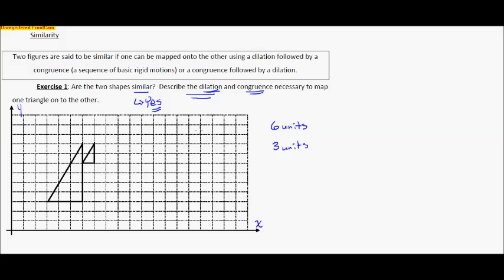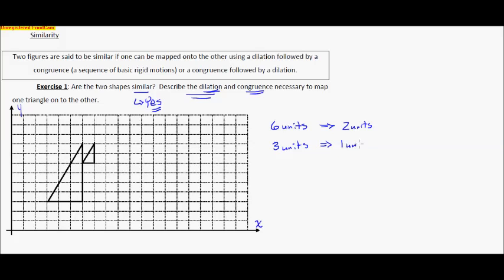This is just setting things up to see if I can actually do a dilation and change it to be this size. Well, if I count here, this is 1, 2 units. So I would need to change that side that is 6 units into a side that is 2 units. And this one along the bottom, which would match up with this one, is actually just 1 unit.